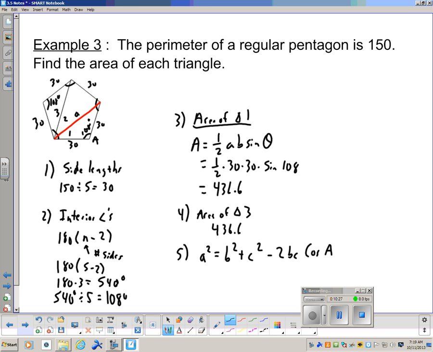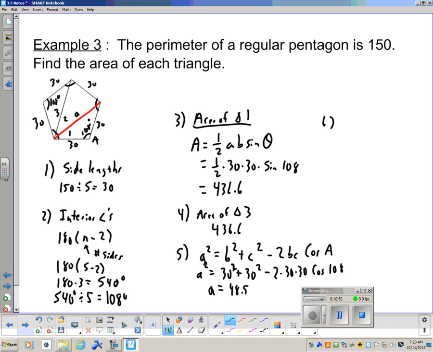So plugging those in, we get a squared equals 30 squared plus 30 squared minus 2 times 30 times 30 times the cosine of 108. And don't forget to take the square root of that, which ends up being about 48.5.